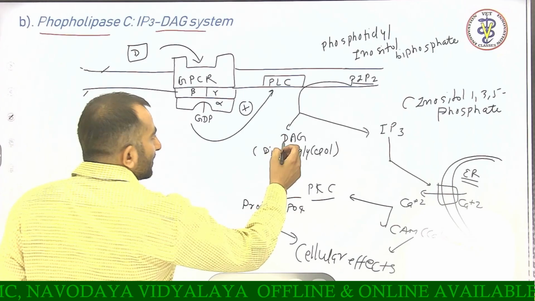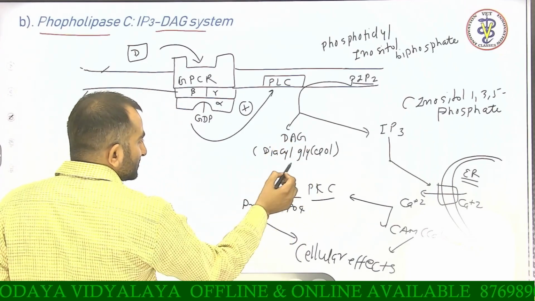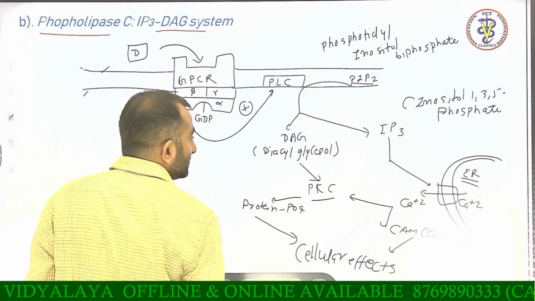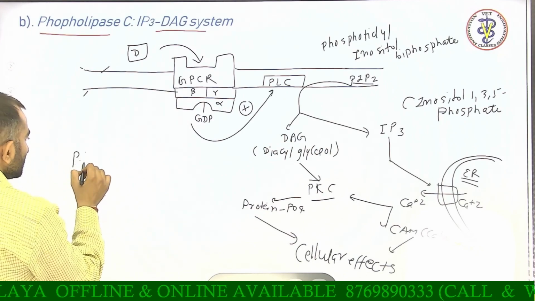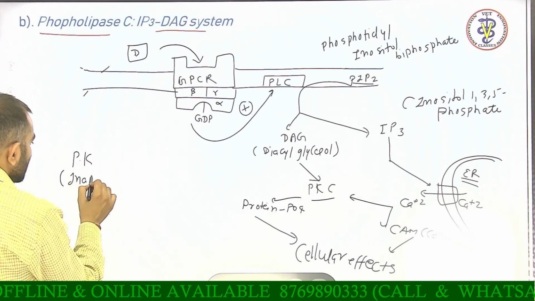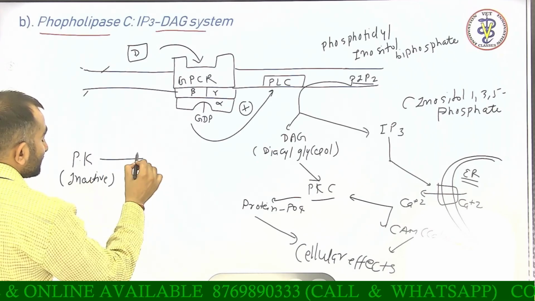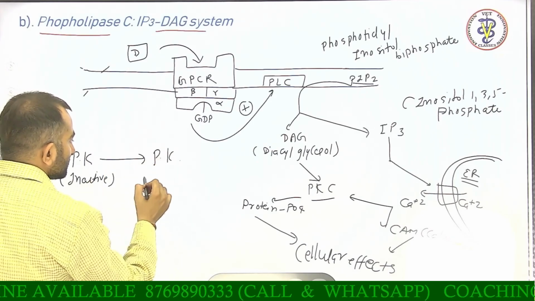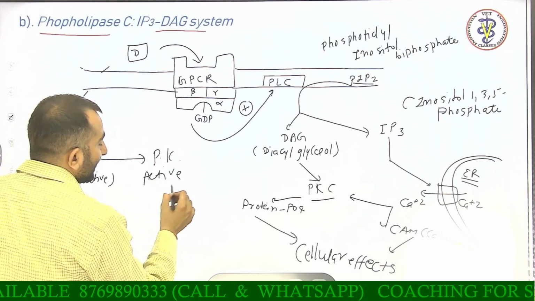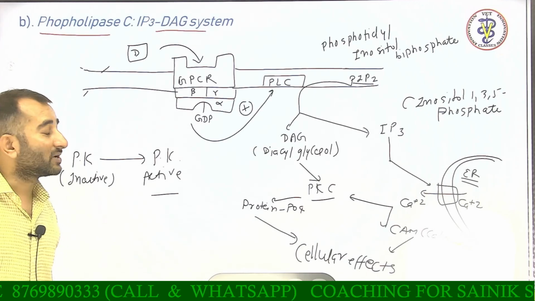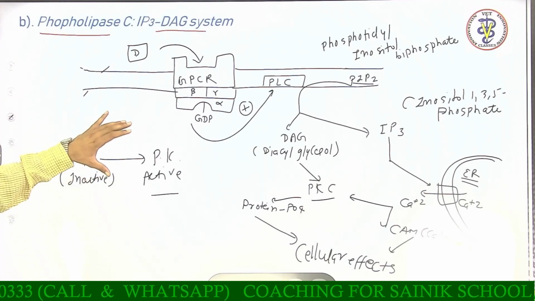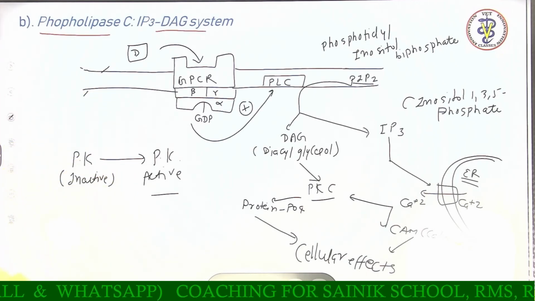And DAG is also formed, and DAG also works on protein kinase C. It also changes the state of protein kinase from inactive to active and acts via phosphorylation of different types of proteins. So friends, basically this is the IP3 DAG system.